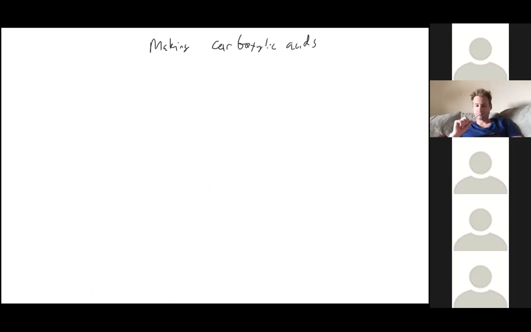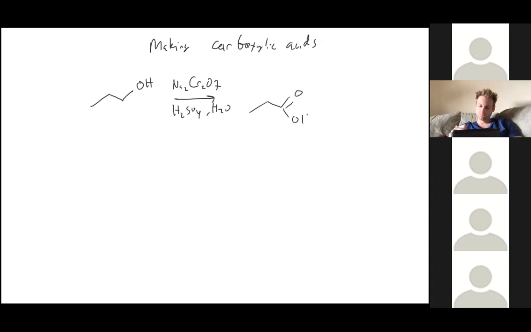The way that we usually do this would be to take an alcohol and throw in a strong oxidizing reagent. So we take a primary alcohol, throw in chromic acid, Na2Cr2O7, H2SO4, and water. We can oxidize this to a carboxylic acid.